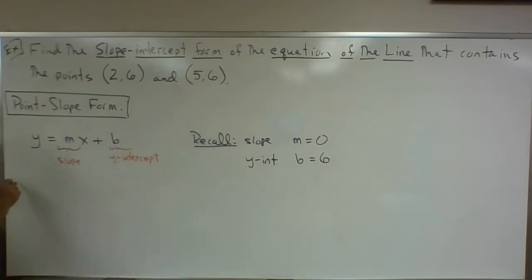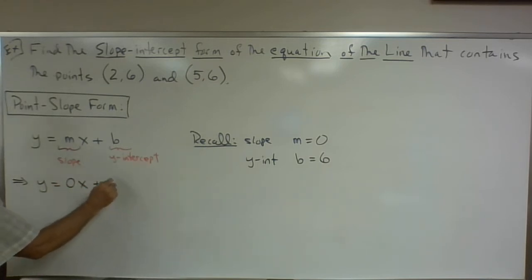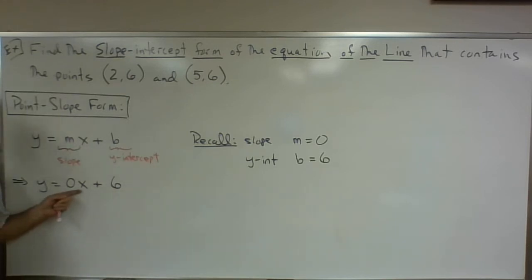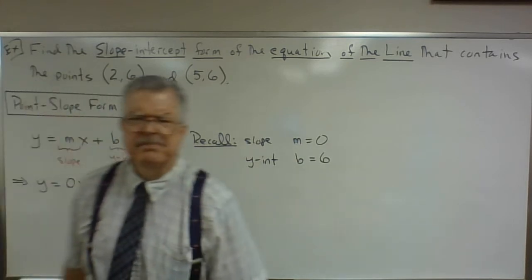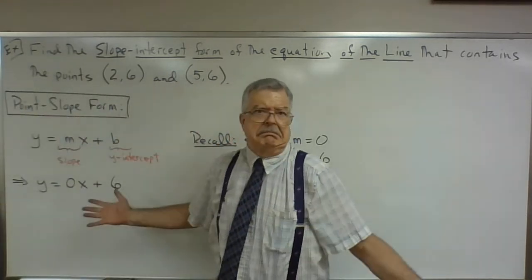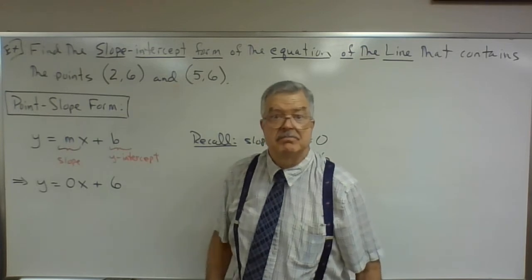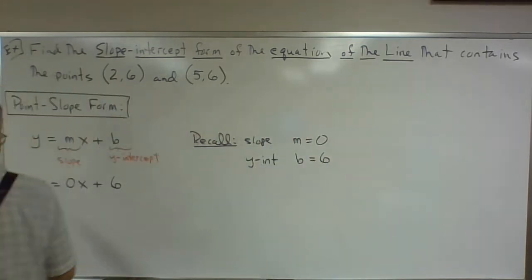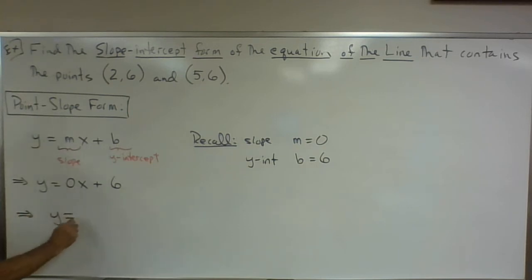Here we go. m is 0, and b is 6. 0x, that's just 0, right? So the equation boils down to this. y equals 6.